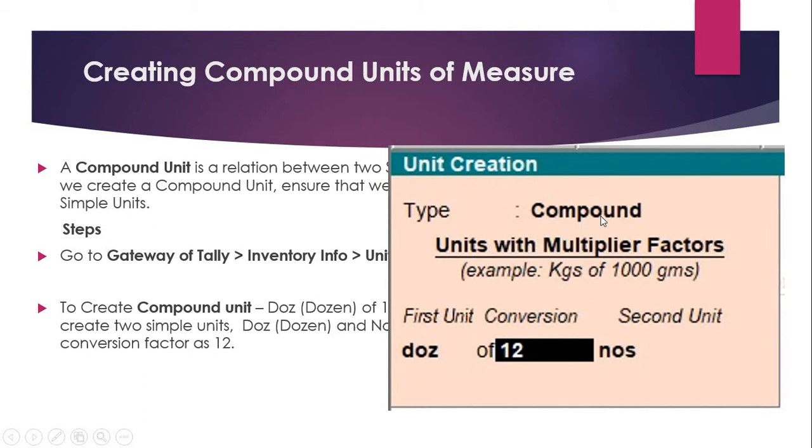Once the type is selected as compound, specify the first unit dozen, second unit numbers, conversion factor 12. This will create the compound unit as dozen of 12 numbers.